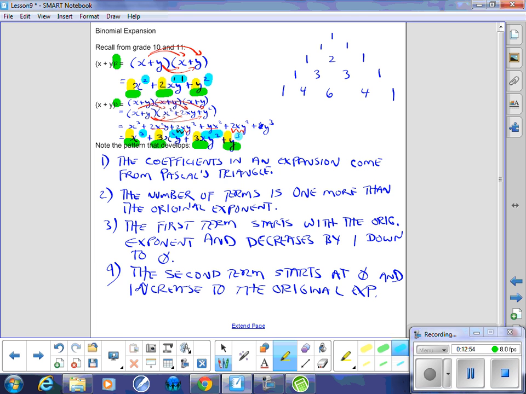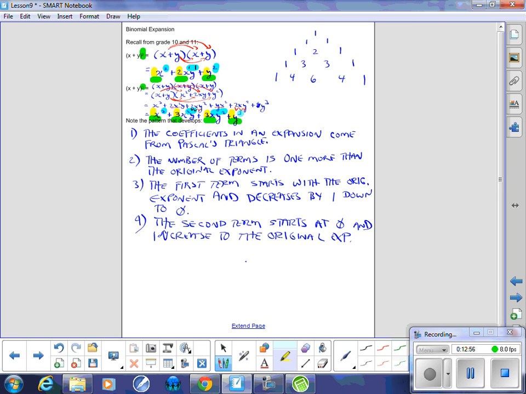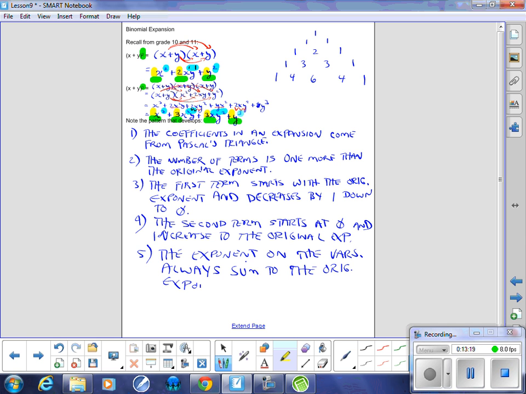So the exponents on the variables always sum to the original exponent. So if you have originally the exponent 2, they'll add up to 2. If it's 3, it all adds up to 3.